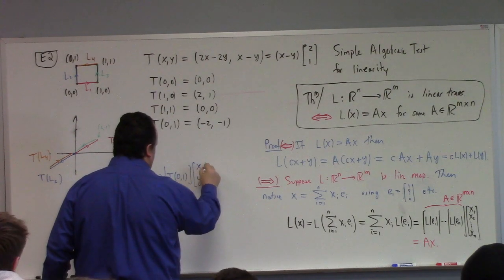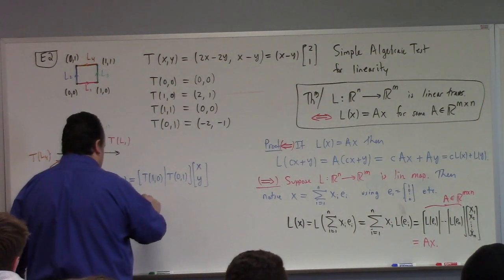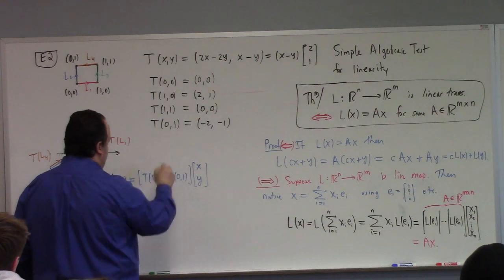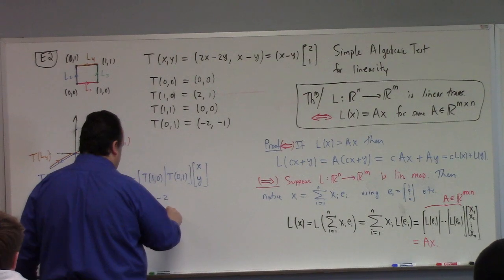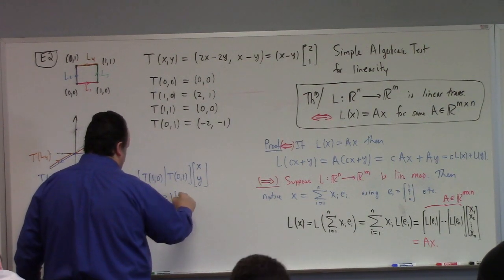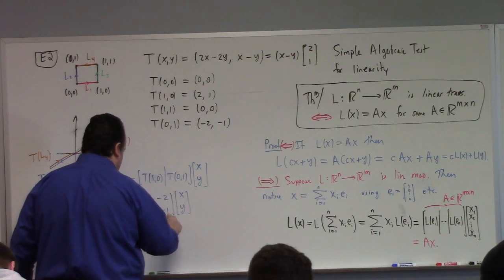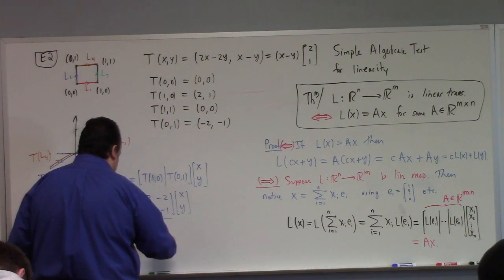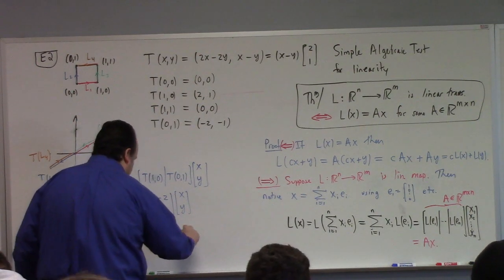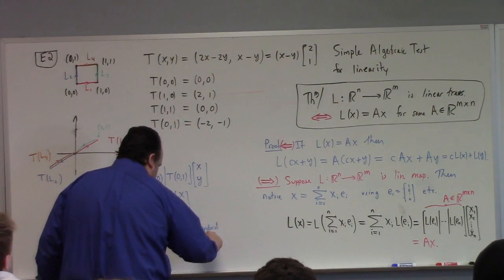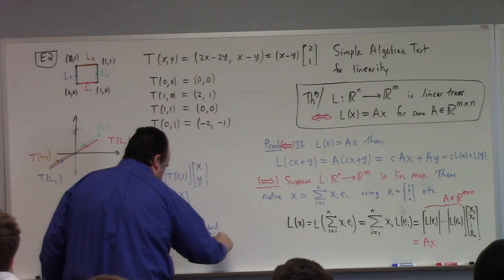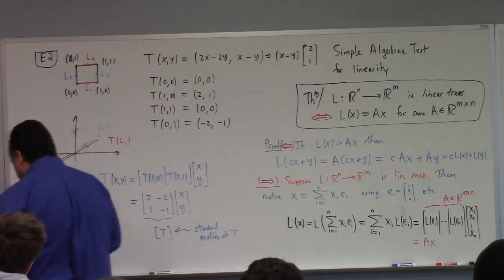That's the claim. So, we just calculated them: [2, -2; 1, -1] times (x, y). Here's our notation: we use brackets T. This is the standard matrix of T.